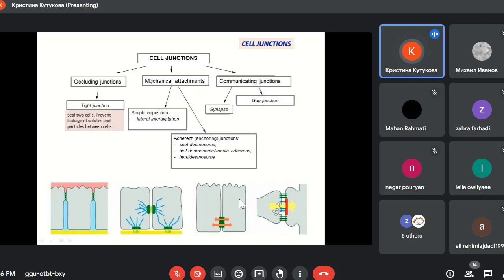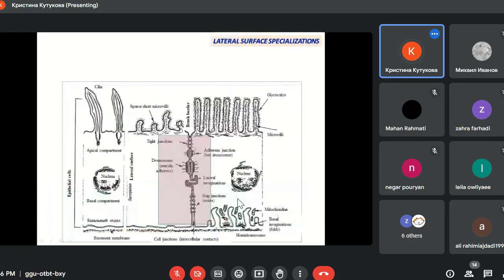Next, mechanical attachments or junctions are lateral interdigitations, like we have seen here. It is when two membranes of two cells make these finger-like protrusions in two sides.